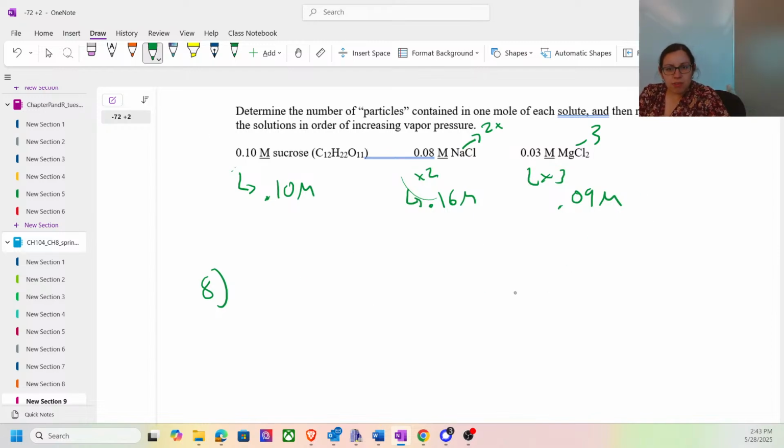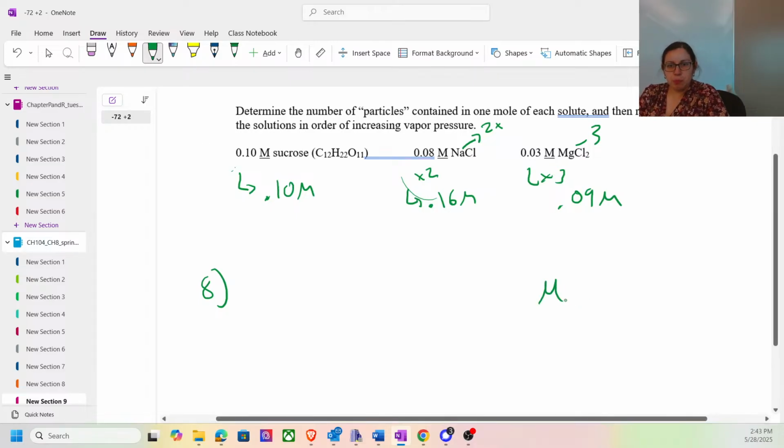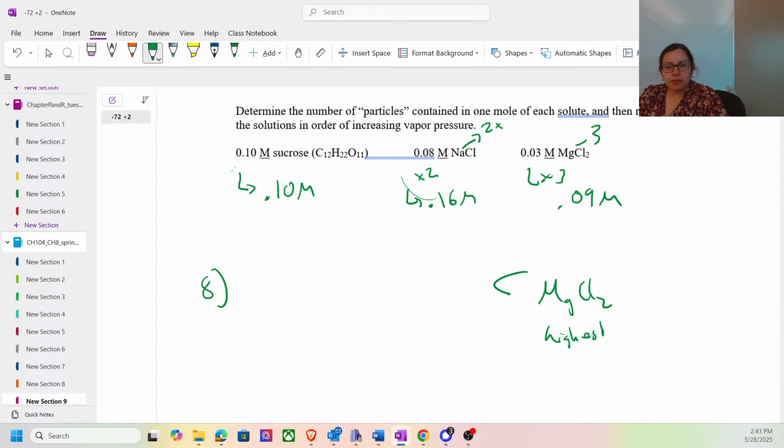So then the highest vapor pressure would be this solution, magnesium chloride, since it has the least particles. So highest vapor pressure, and then sucrose is in the middle, and then the lowest is sodium chloride, because again, boiling point elevation, so this has to be heated the most.